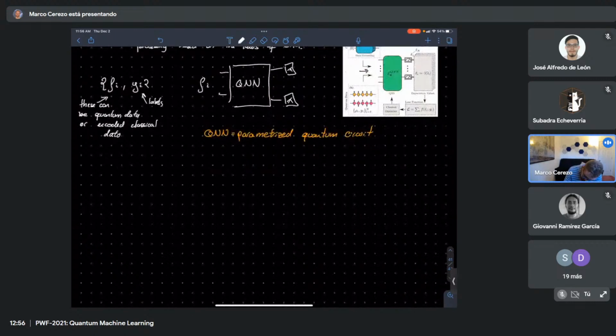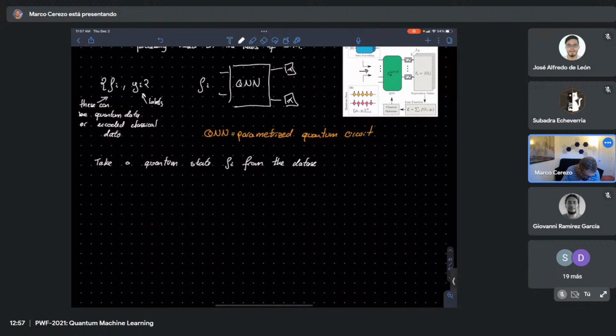Take a quantum state rho i from the data set, and send it through the quantum neural network, i.e., the parameterized quantum circuit.